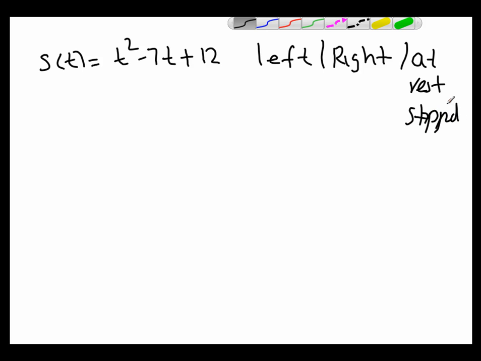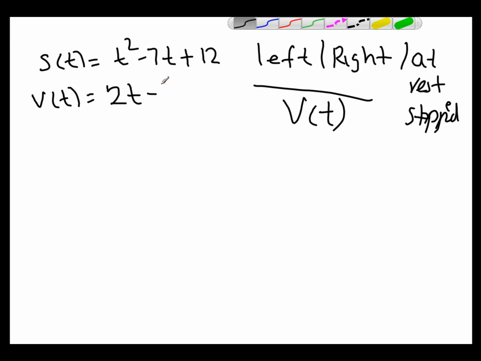All right, so this is basically the v of t function. So v of t, we already know that is 2t minus 7. So first you need to know when it stops, because in order to change direction, you basically have to stop before you change any direction.